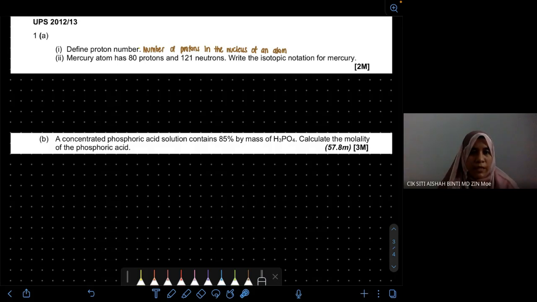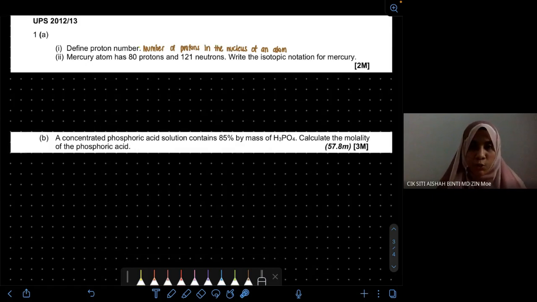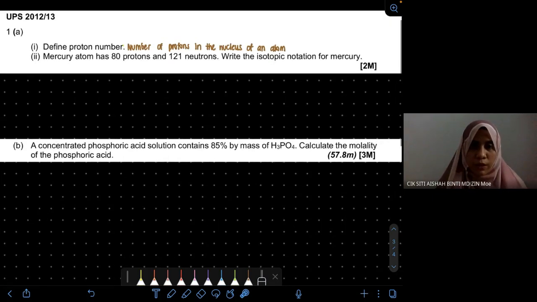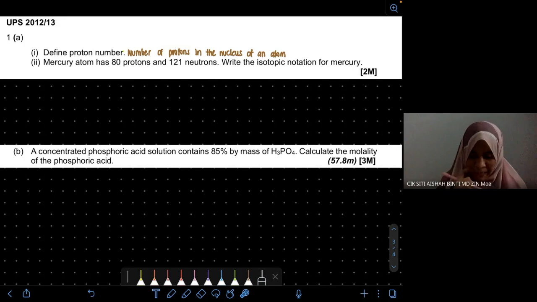Okay. Next is actually number 2. Mercury atom has 80 protons and 121 neutrons. Okay, write the isotopic notation for mercury. Okay, so for mercury, isotopic notation, the general way how to write it down adalah contohnya kita ada A, this is our symbol.